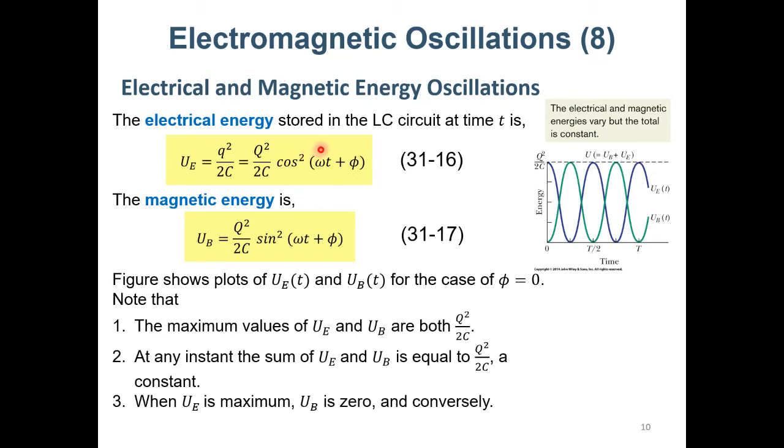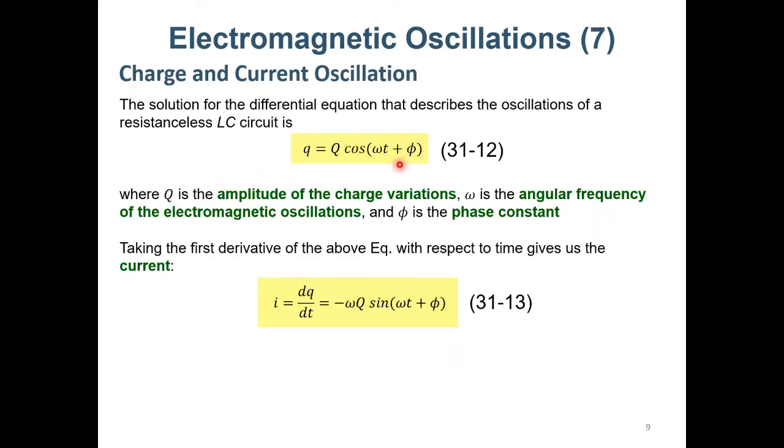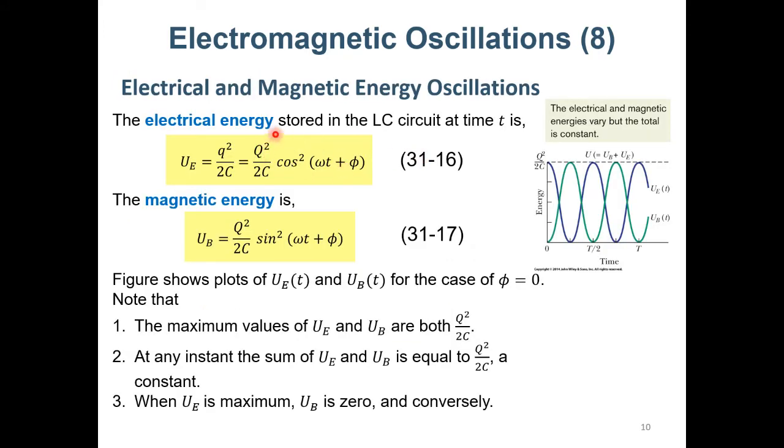Okay. So next, we consider the electrical energy, which is Q squared over 2C. In the previous page, we have the expression for small q, so we substitute it here. Then the energy stored in the electric field will be like this.